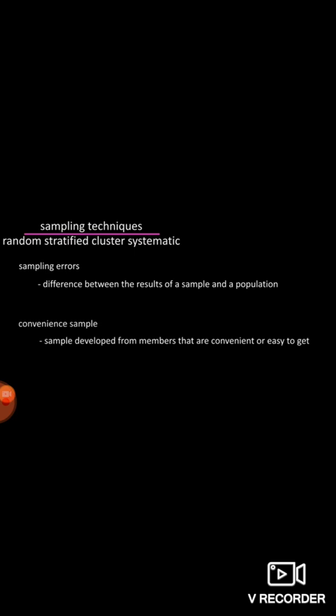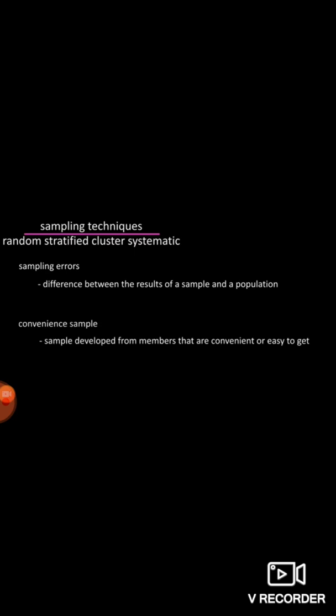So that is convenience, and this is a non-random sampling technique. The others we discussed right now were all random sampling techniques, whether simple random, stratified, systematic, or cluster. But here there is no random sampling involved. It is a non-random sampling method.